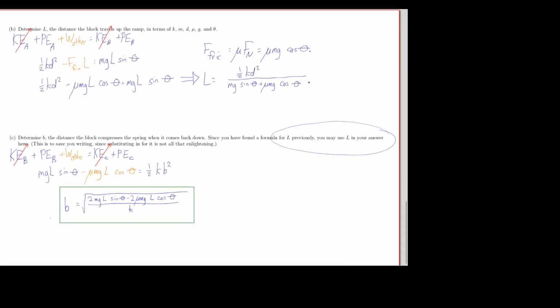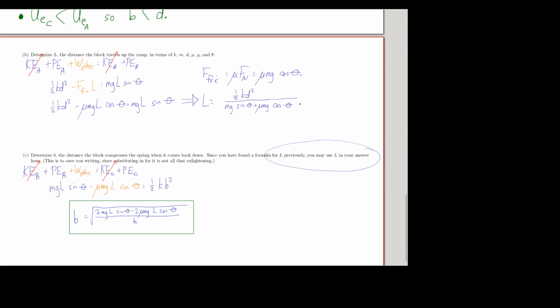And that's problem 2. So this approach of kinetic energy plus potential energy at the beginning of the motion plus the work being done by other non-conservative forces equals kinetic energy plus potential energy at the end of the motion is how you can approach every work energy theorem situation that you have.